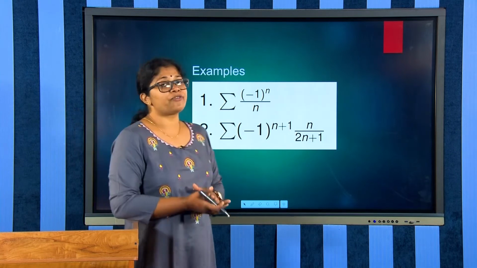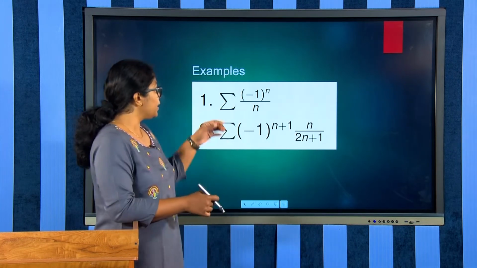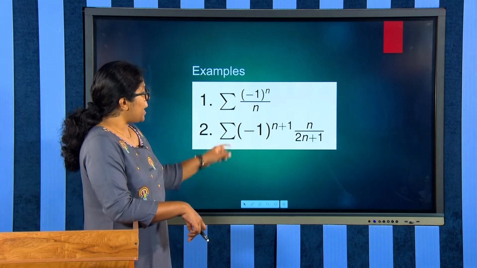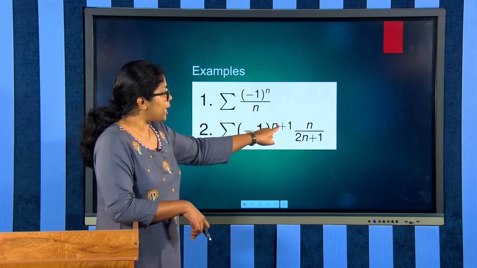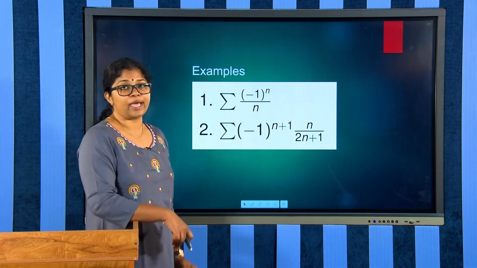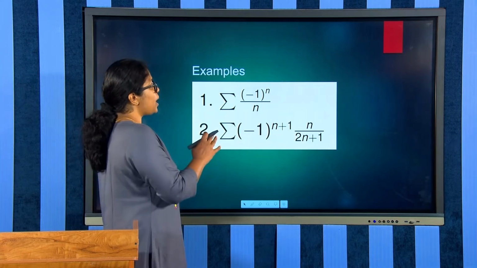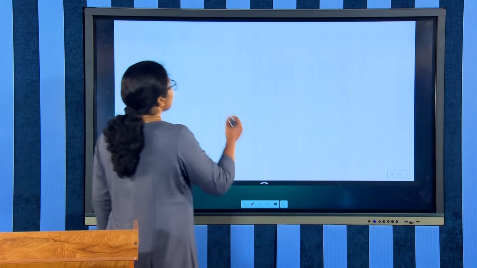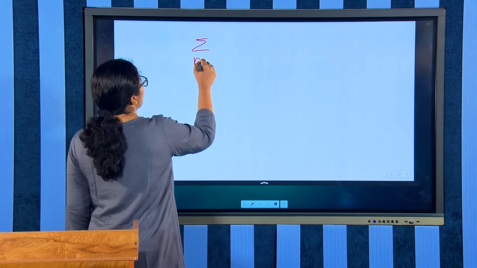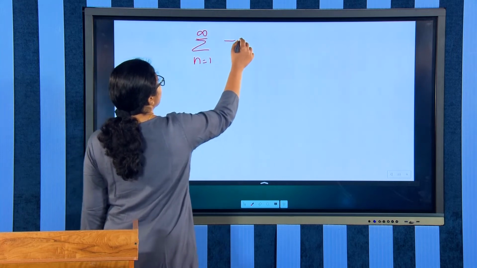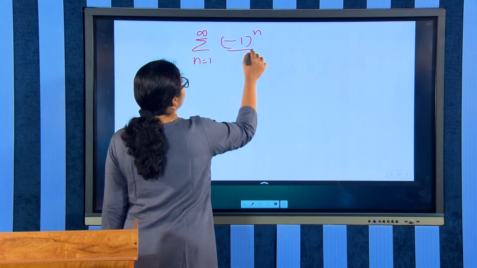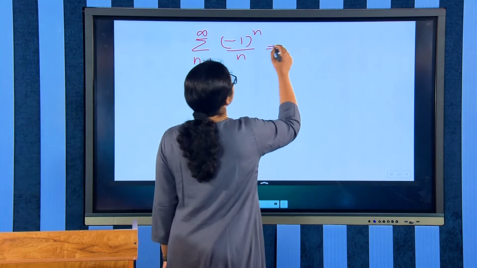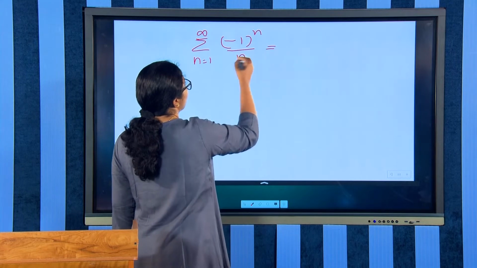Now, some examples of alternating series are summation negative 1 power n upon n and summation negative 1 power n plus 1 n upon 2n plus 1. So, these are two examples which we consider here. Summation n equal to 1 to infinity, negative 1 power n upon n.